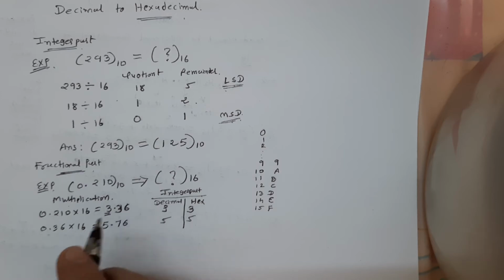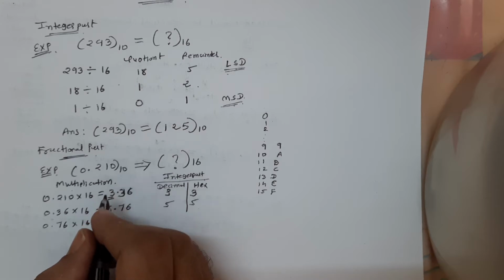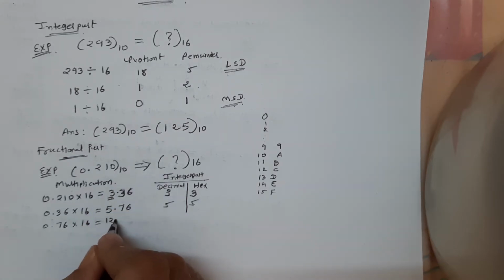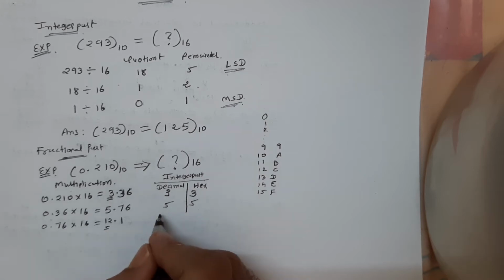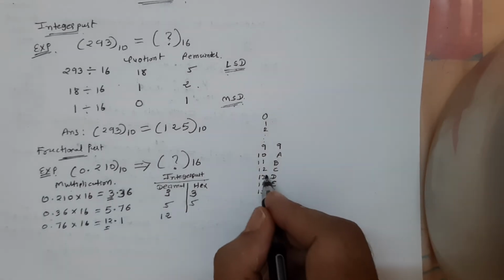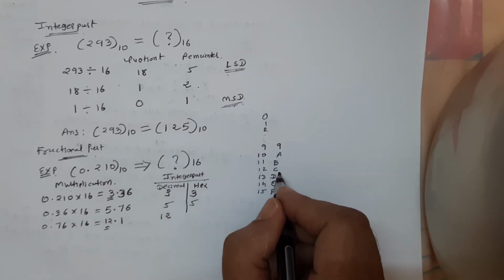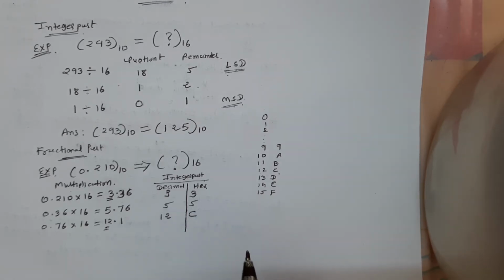Now again 0.736 is multiplied by 16, that is equal to 12.1. What is your decimal? 12. 12 means the hexa is C, so we use C. Okay.